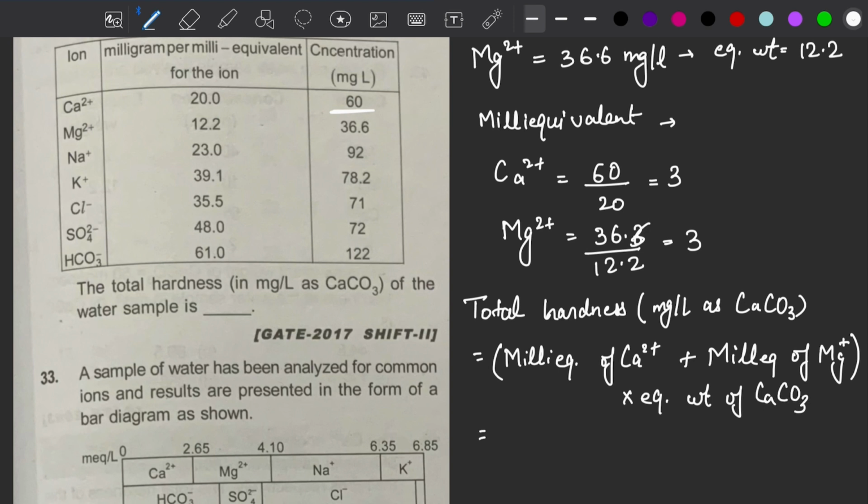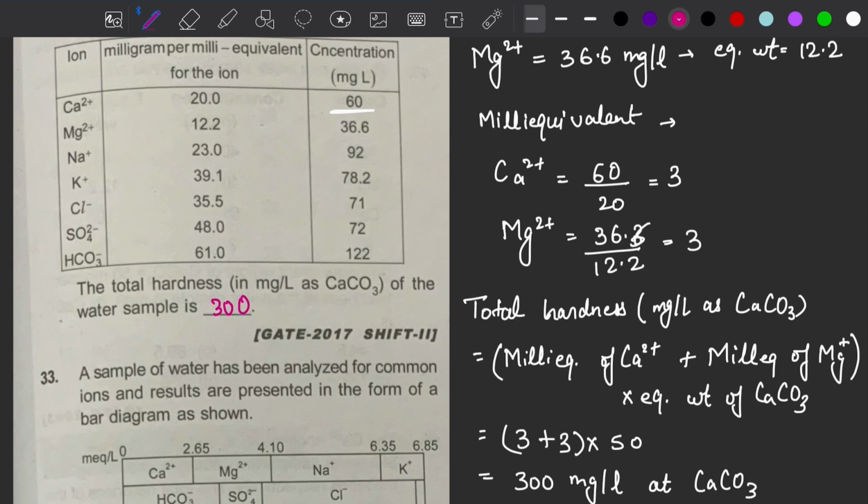Milliequivalent of calcium is 3, magnesium is also 3, into equivalent weight of CaCO3, which is the molecular weight divided by valency, 100 divided by 2, that is 50. So it becomes 50 into 6, which is 300 milligram per liter as CaCO3. So 300 is the answer. This question came in GATE 2017, shift 2.